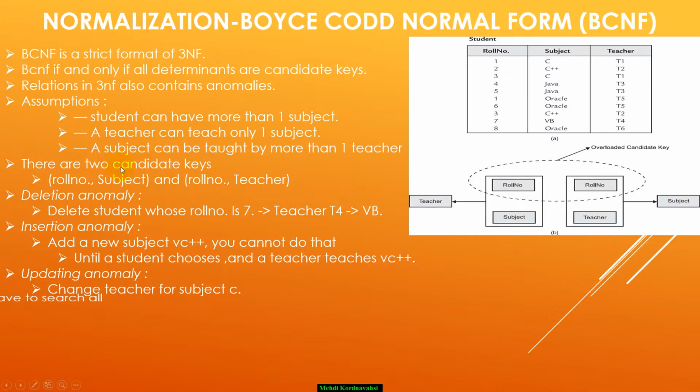For example, here the subject C is repeated 2 times, roll number 1 and roll number 3, and again this subject is taught by teacher T1 and T1. If you want to update subject C, you need to update both records.